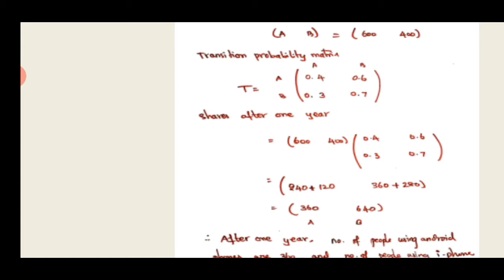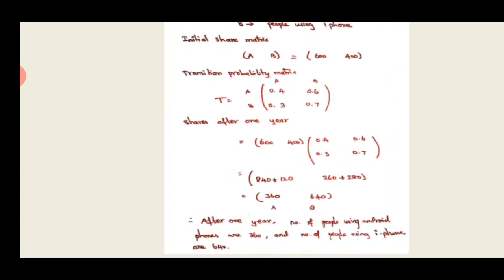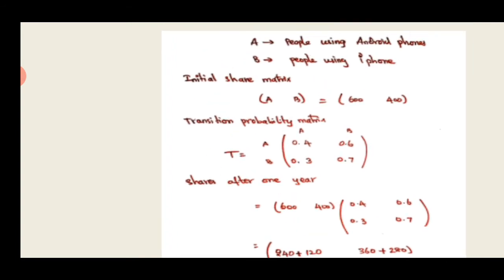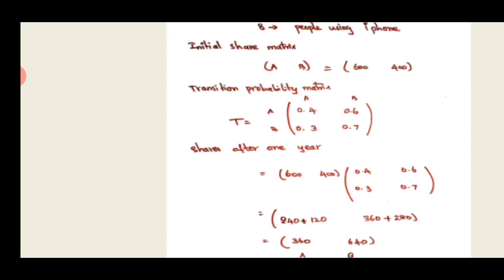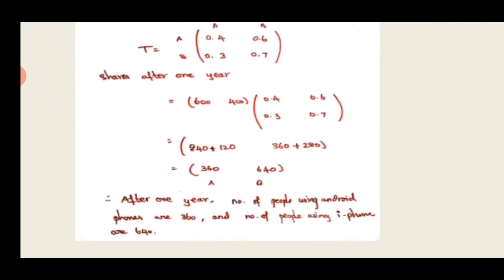Now we want to calculate how many people will be using the Android phone and iPhone after a 1 year period. So what I should do is take the initial share matrix and multiply it with the transition matrix, that's all. So 600 and 400 in the front, and the T matrix at the back.